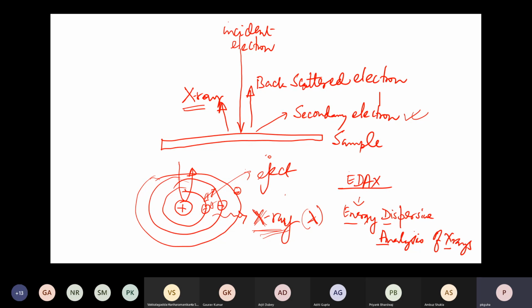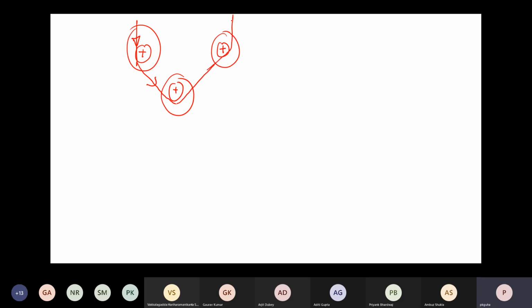This particular scheme is not that simple. It might have several collisions. So maybe this is your incident beam. This will go like this, this might go like this, and so on.